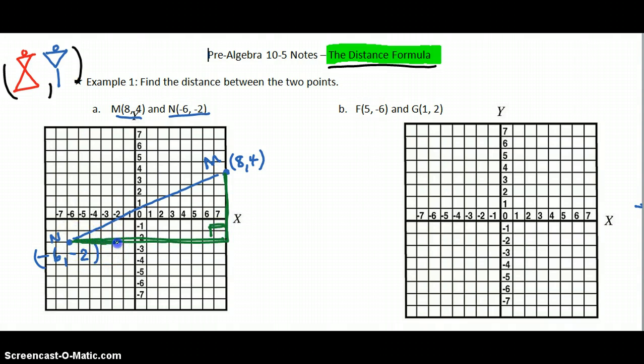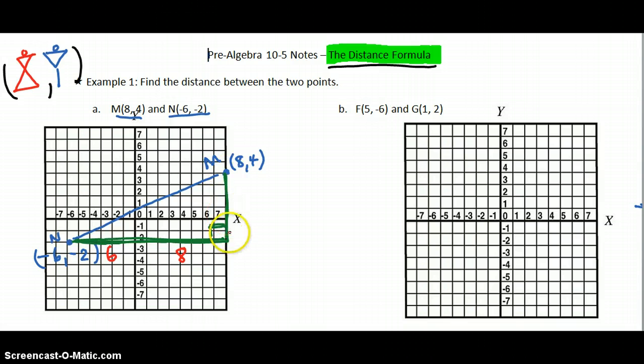Do we know how long this leg of the triangle is? Well, in elementary school we would have counted the boxes. But now that we're in pre-algebra, we know that we moved from 0 over negative 6 spaces, and then to plot the M point, we moved over positive 8 spaces, making the length of this leg a total of 14.